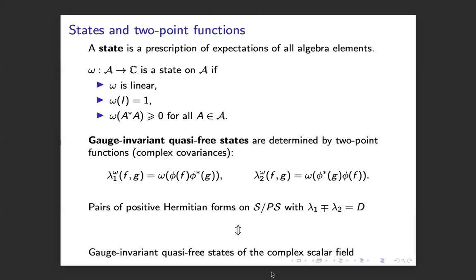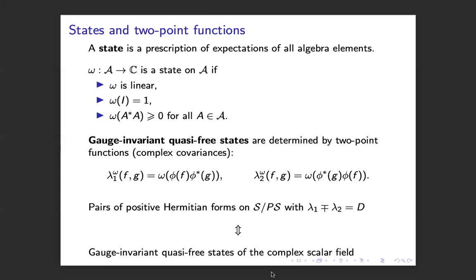And you can algebraically show that these need to be positive Hermitian forms. It's not immediately obvious, but it's true. In fact, for any positive Hermitian forms which descend to the quotient and which satisfy the commutation relation, you have a unique state.